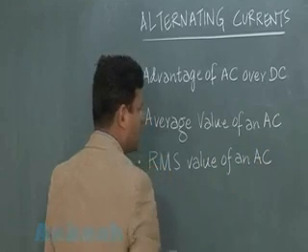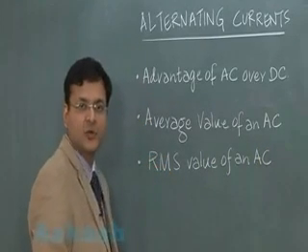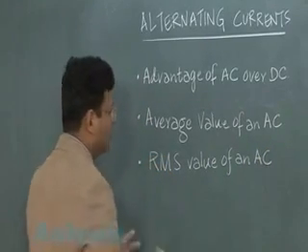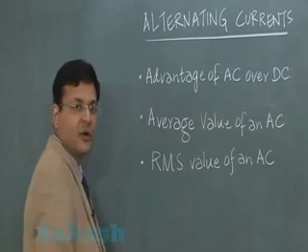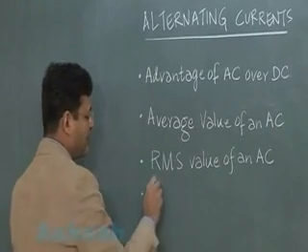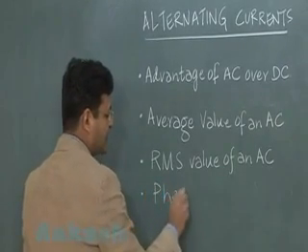These were the ways in which you express the magnitude of an alternating current. Then to represent the direction of alternating current, we took help of the concept of phase lag or lead.